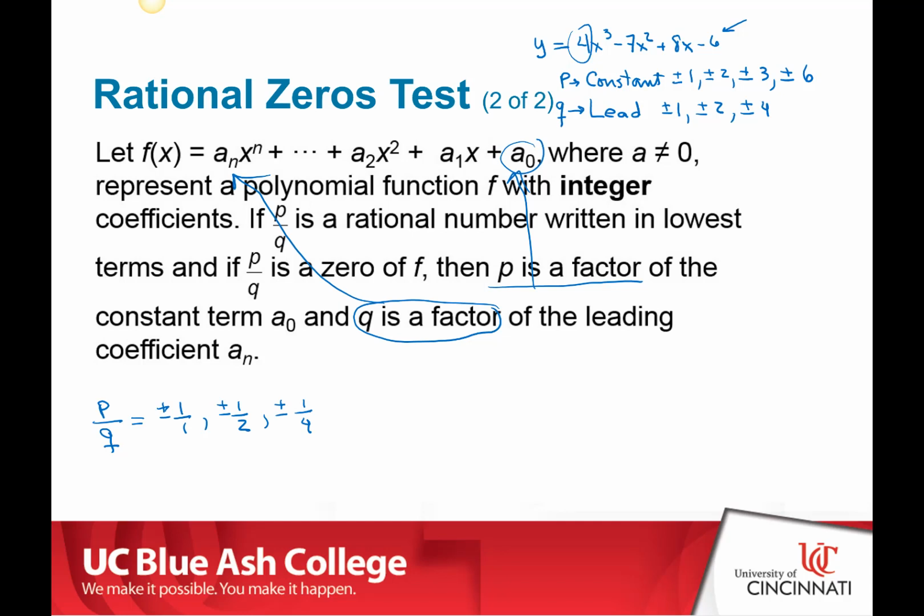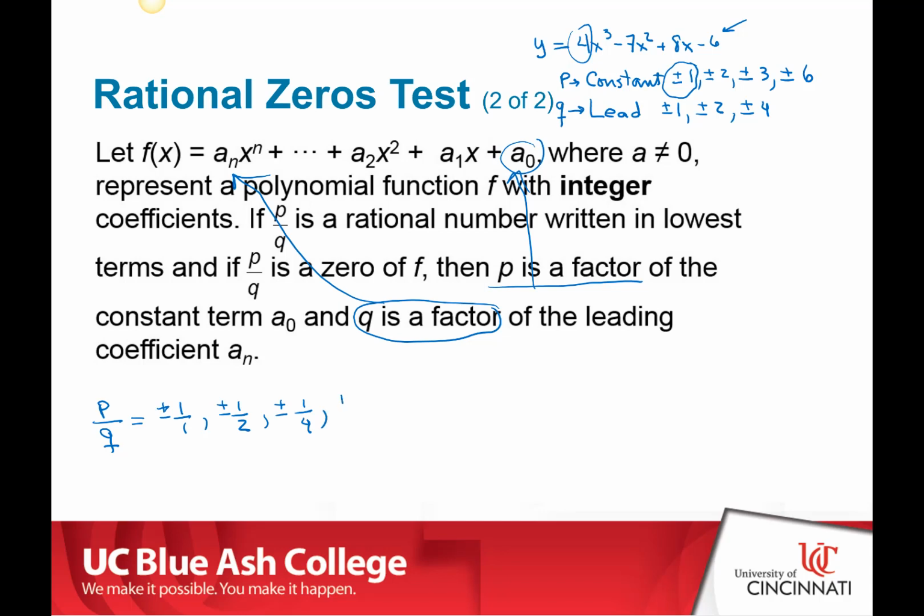What I did there was I took the 1 from the constant, okay, let me use the pointer. I took the 1 up there, and I'm using that as my numerator down at the bottom. Then for my denominators down here, I just selected the different possible factors of 4 and put them in there. Okay, so these are all possible roots. Possible, not guaranteed to be the actual deal.